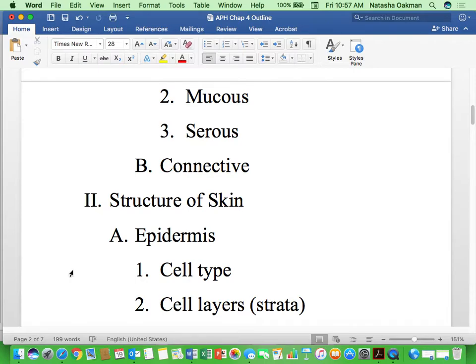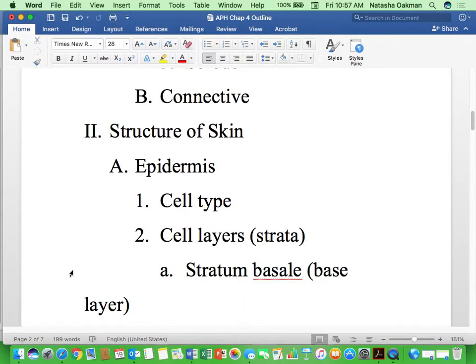We are going to start at the innermost epidermis. Stratum basale, the base layer. At this layer, the innermost epidermis, the cells are actively dividing and pushing outward.